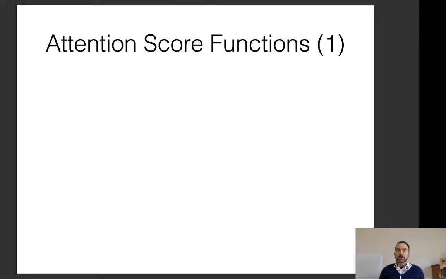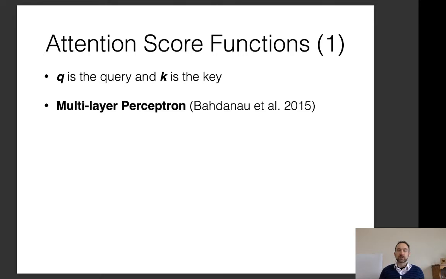So I talked about the basic idea of attention: we calculate a score function for each key query pair, then normalize them and do a linear combination according to this. But how do we calculate the scores for each of these? If we assume that Q is the query vector and K is the key vector, there are a number of ways we could do this, starting with just running Q and K through a multi-layer neural network.